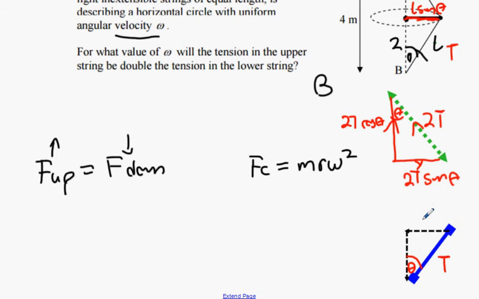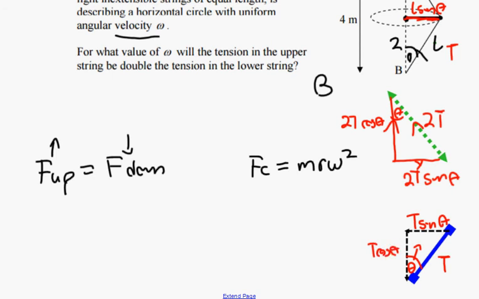So what does that make this side here? It's the opposite side, so what are we using, sine or cos? Sine. T sine theta. This one's the adjacent side, which makes it, anybody? T cos theta.